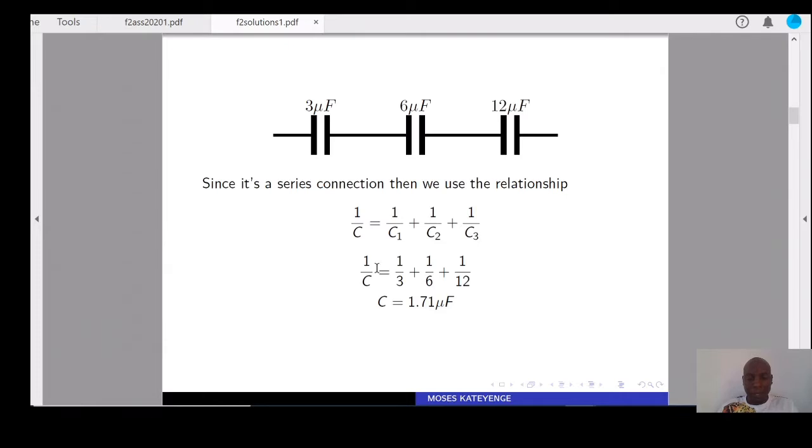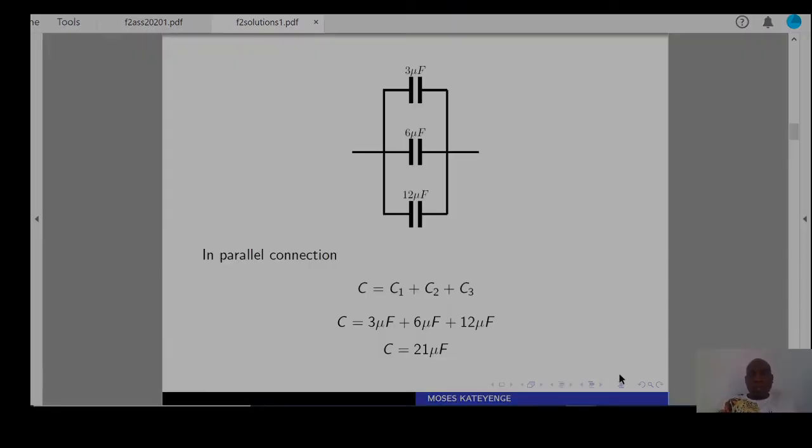So 1 over C is going to be given by 1 over 3 plus 1 over 6 plus 1 over 12. And if we work it out, we get C is equal to 1.71 microfarads.